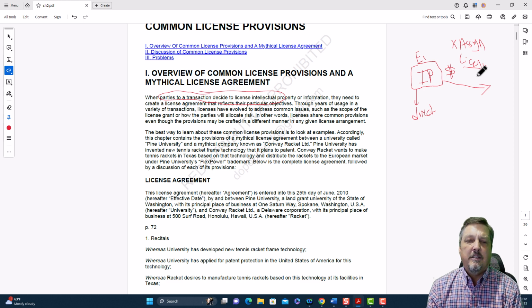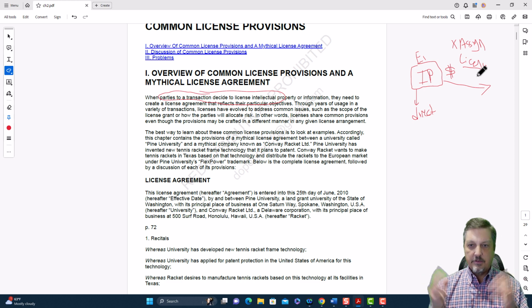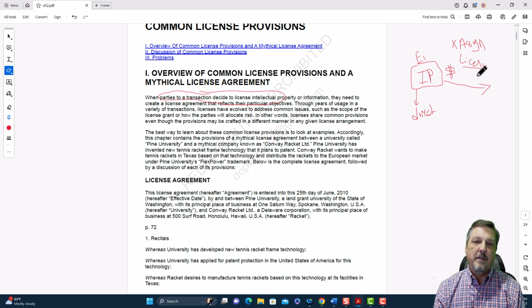If you want to think of an analogy, think of the difference between the sale of a piece of real property and a lease of a piece of real property. So again, I'm in my house. If I was going away for a couple of years, and was thinking maybe I'll come back, maybe I won't, I might say, well, I'll sell my house, right? I'll sell title.